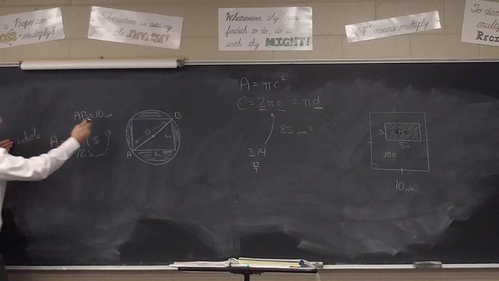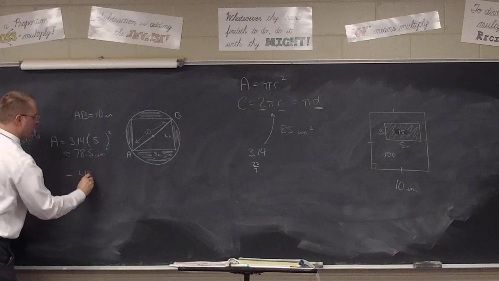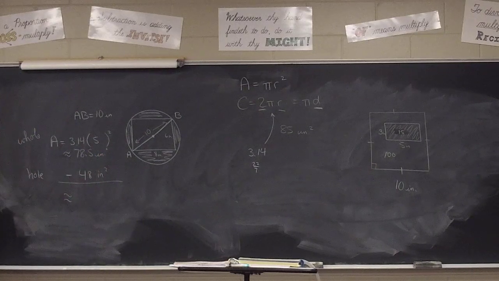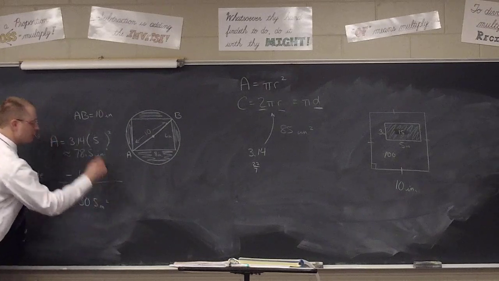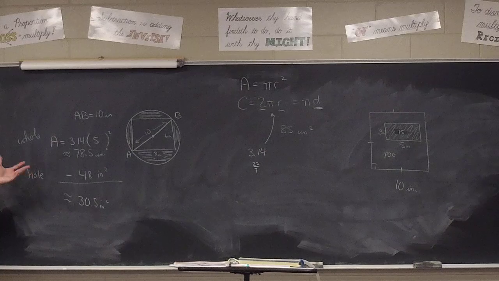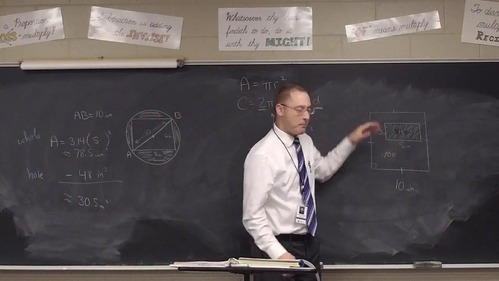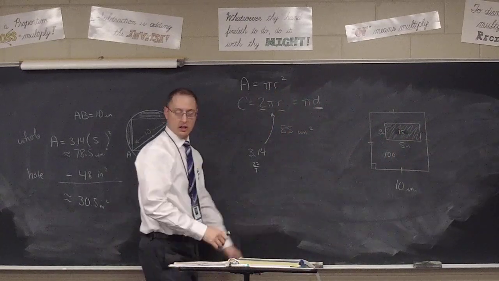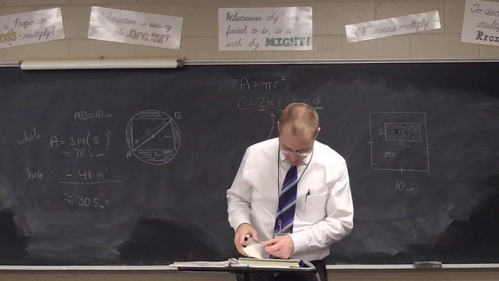The entire circle minus the hole that's being cut out of it, so minus the 48 inches squared, gives me approximately what area shaded in? 30.5 inches squared. Questions on that? Okay. It's the same thing we did here. We took the area of the whole minus the area of the hole, and we're left with the area there in unshaded territory.